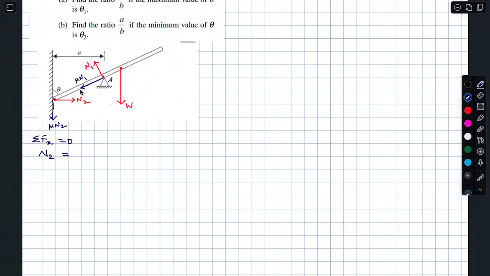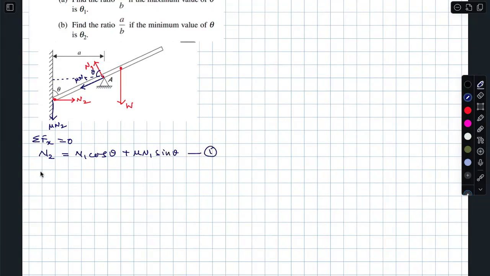Next, if this is theta, this is also theta. N1 cos theta plus mu N1 sin theta.